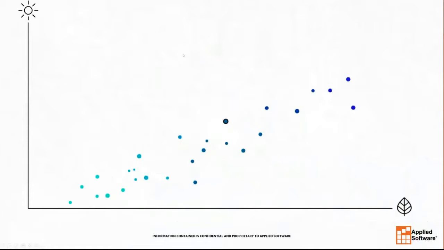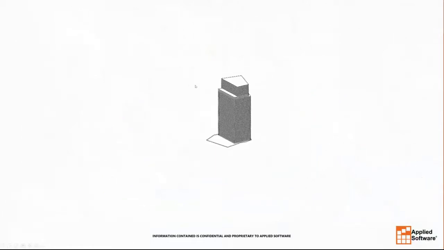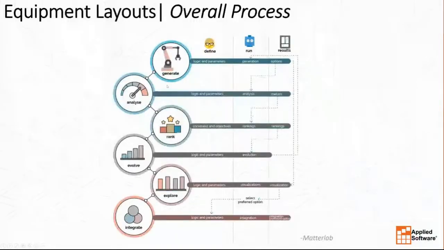So with this idea in mind, what we did is we wanted to build a tool that could evaluate equipment and see how to most efficiently lay it out in the most compact manner while also having the most processing capacity.